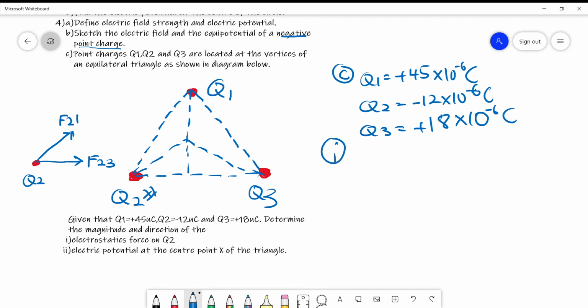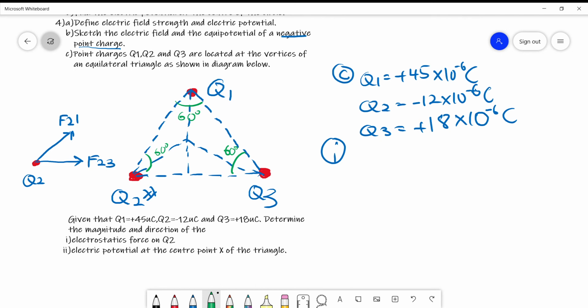Let me think about it. What will be our resultant force here? The question gives 60, and this is the 60, and this will be the 60. So where will the resultant force be?